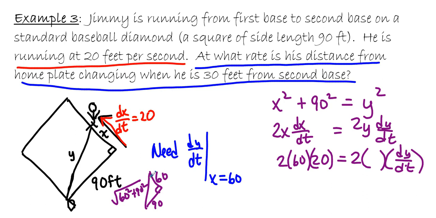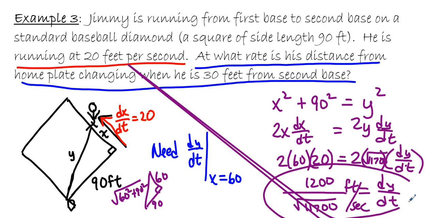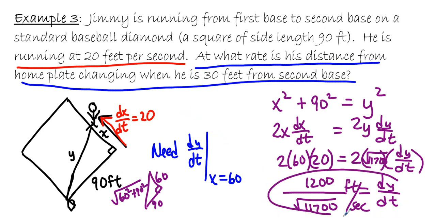That's the square root of 11,700. So what's dy dt? dy dt is 60 times 20 divided by the square root of 11,700. That's in feet per second because we measure y in feet and t in seconds. And there's your change in y.